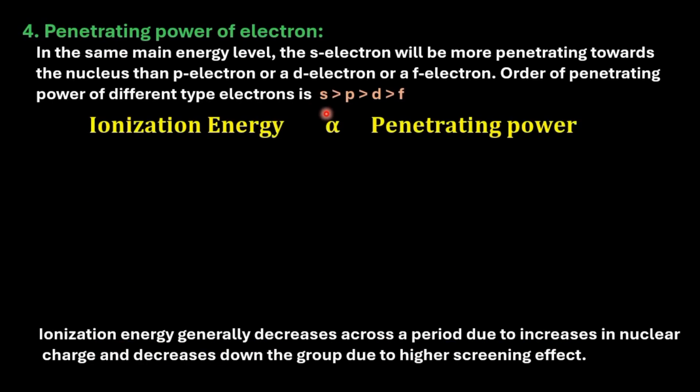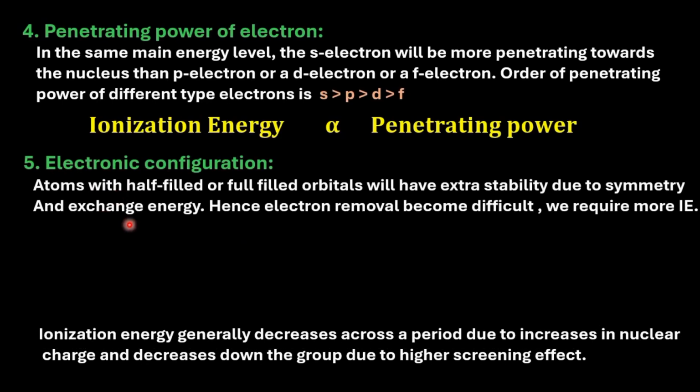So penetrating power is directly proportional to ionization energy. And the fifth, electronic configuration. Stable electronic configurations are of two types: half filled and fully filled. If an atom has that, it has symmetry and more exchange energy, because of which the ionization energy definitely increases.